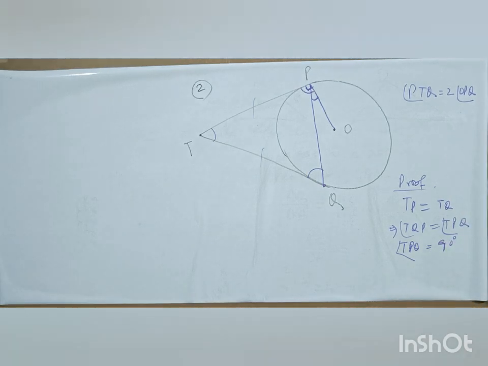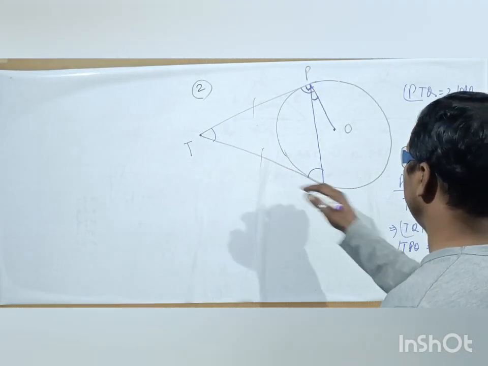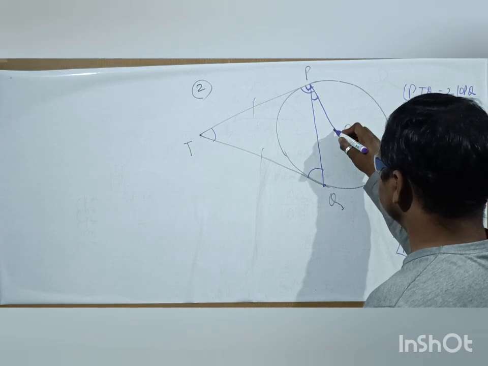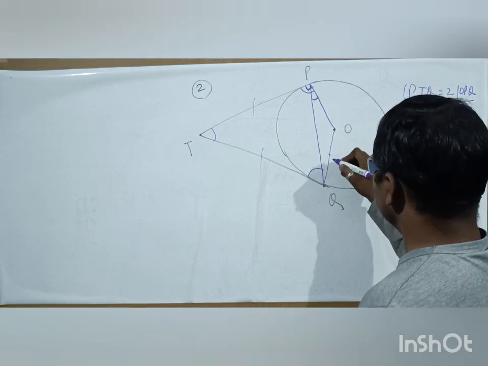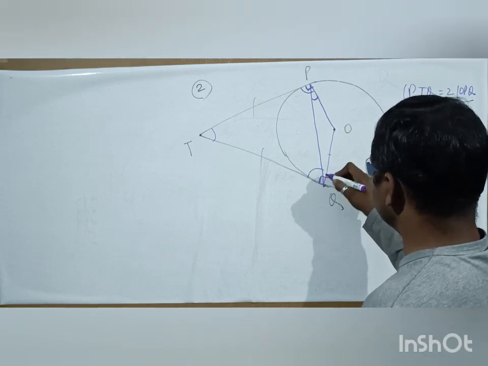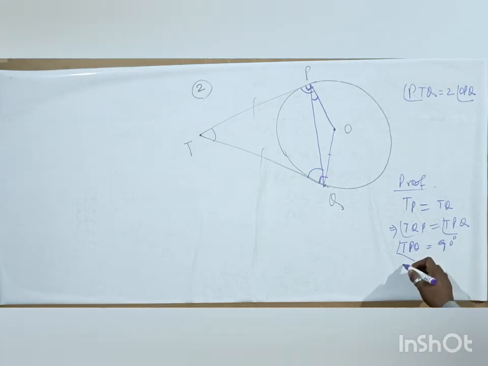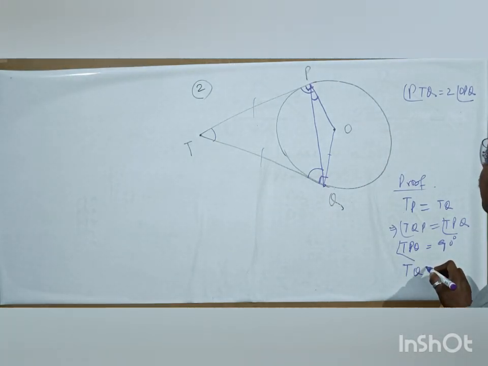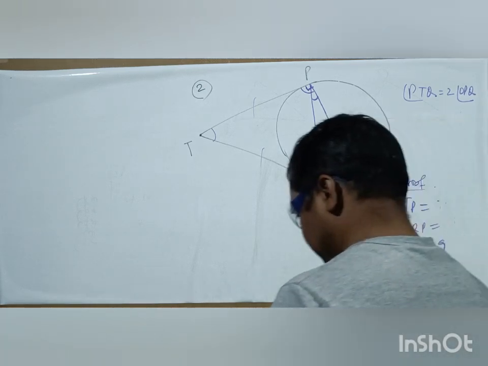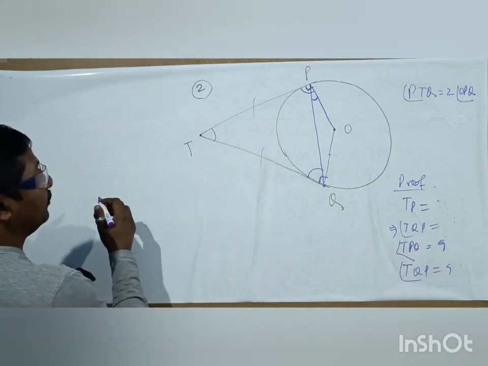Similarly, TQO is also 90 degrees, by the same theorem 10.1. Let's see how to prove it.